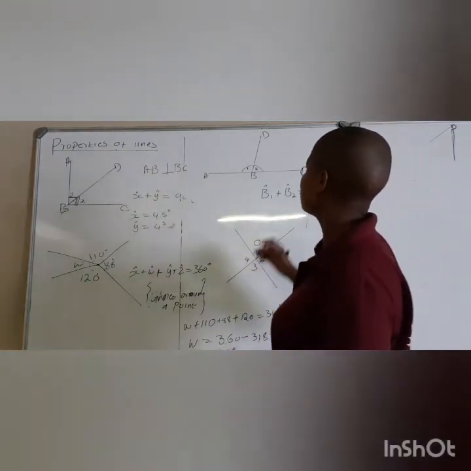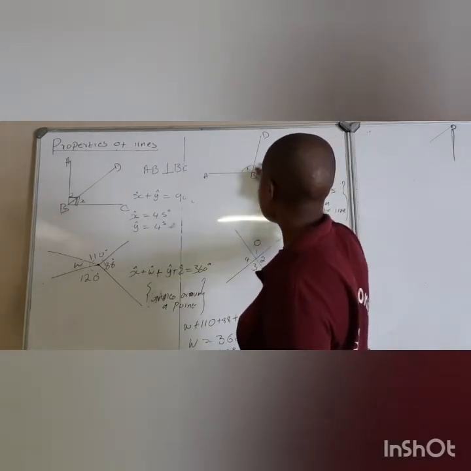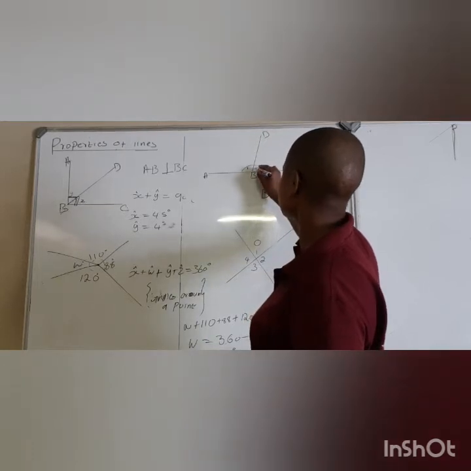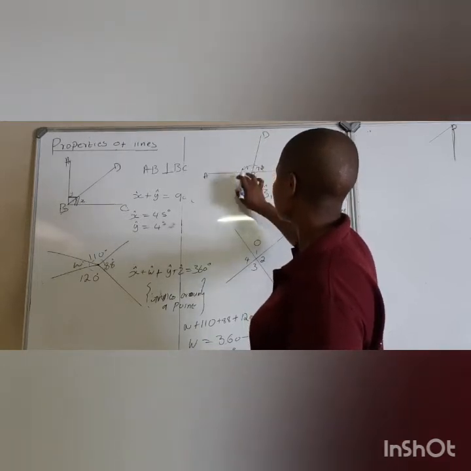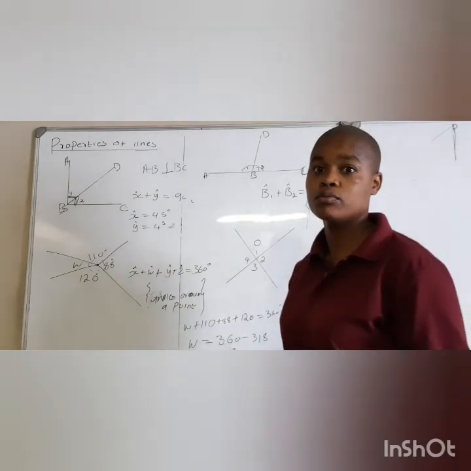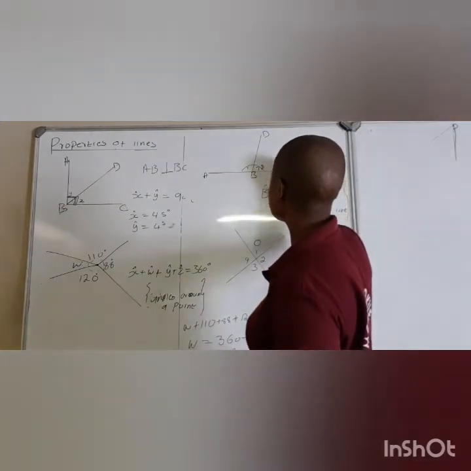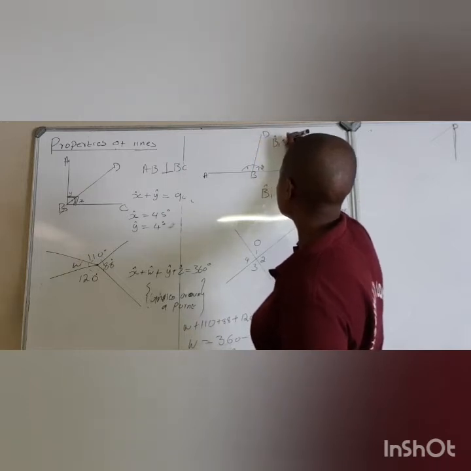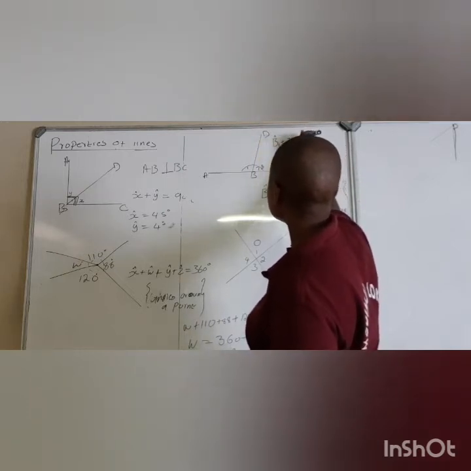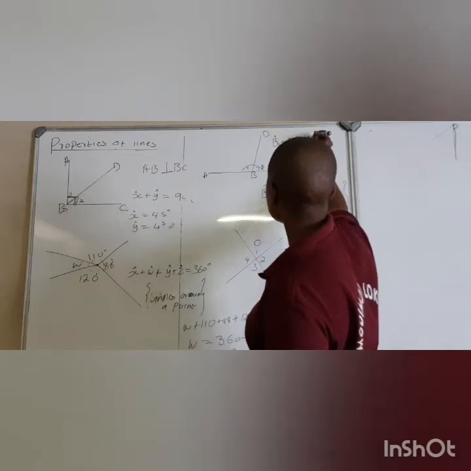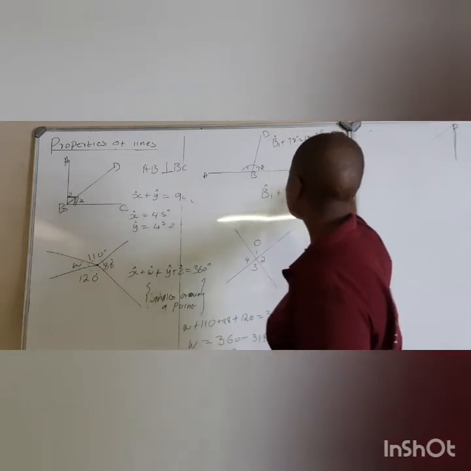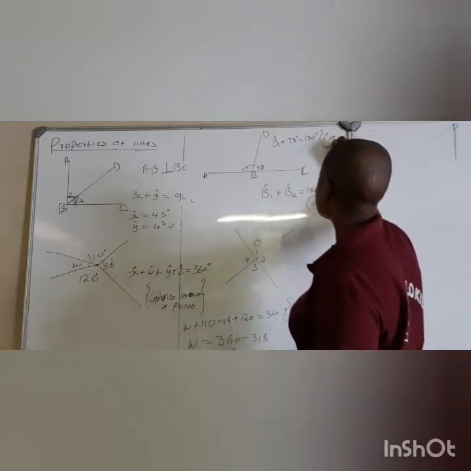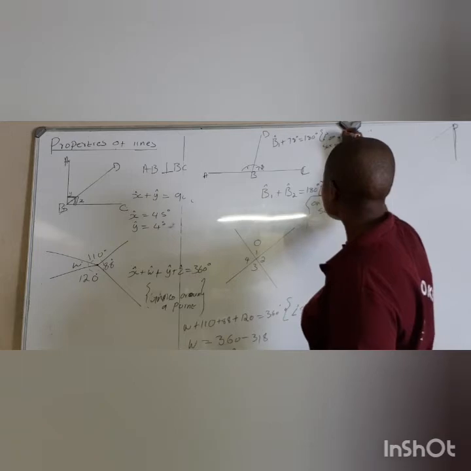Let's assume you were given a value here. Let's say here it is 78, and they say calculate the value of B1. We say angle B1 plus 78 degrees is equal to 180 degrees. What is your reason? Angles on a straight line. Good.